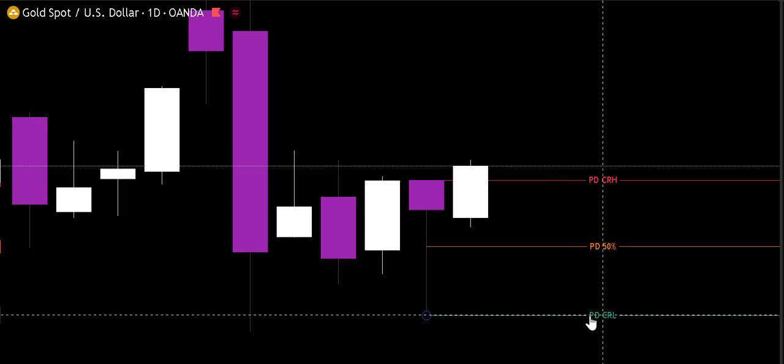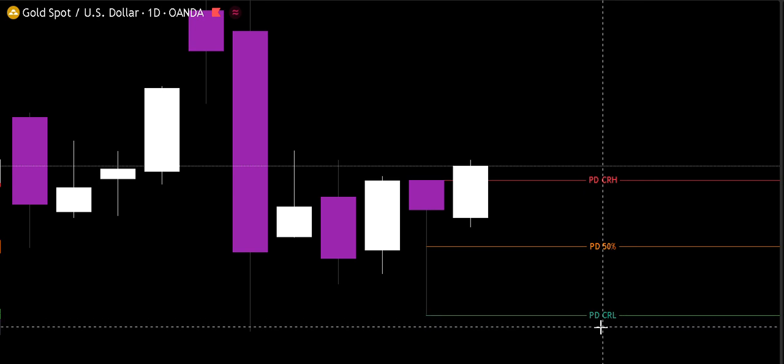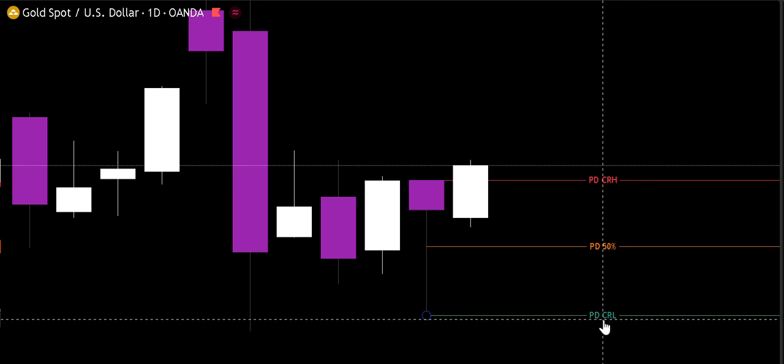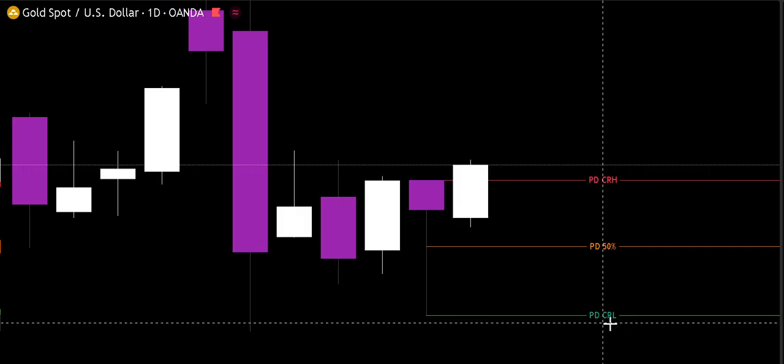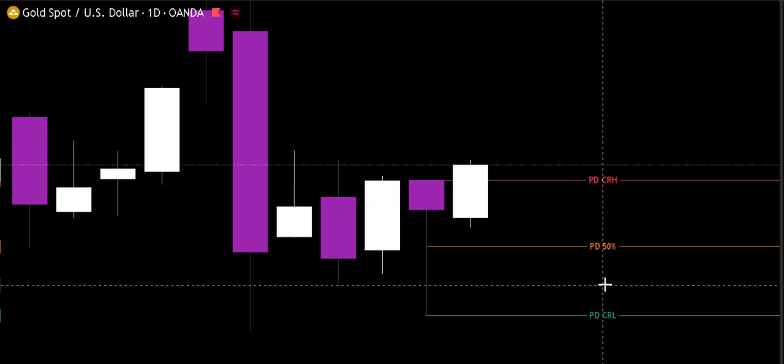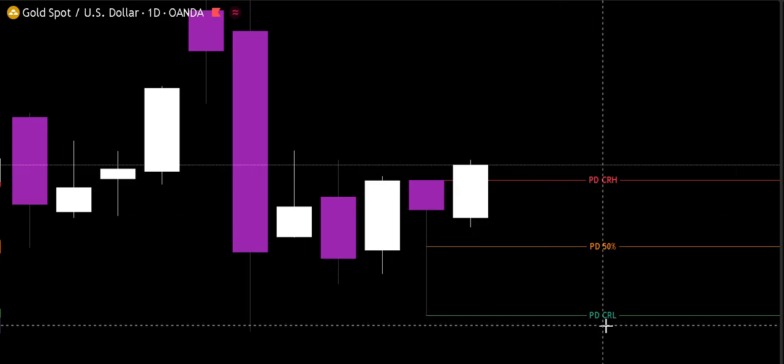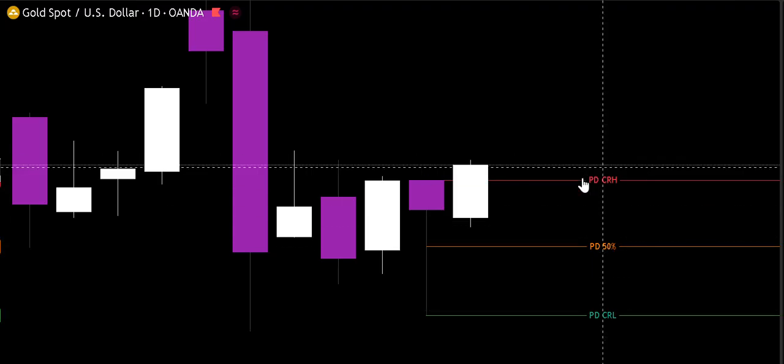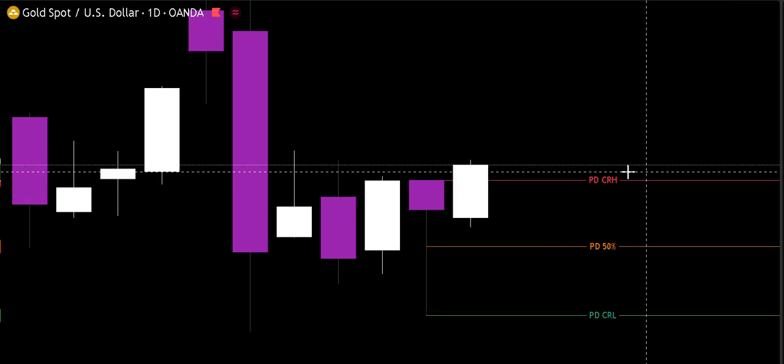We also have P for previous, D for day, C for candle, R for range, and L for low. This is previous day CR low, previous day candle range high.